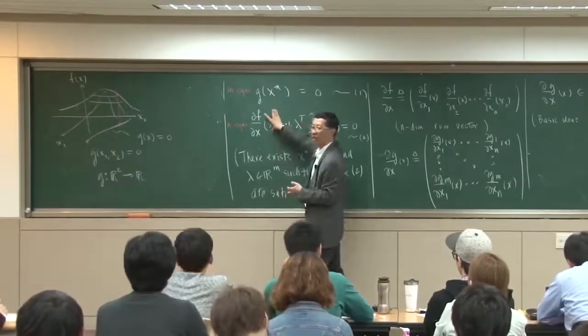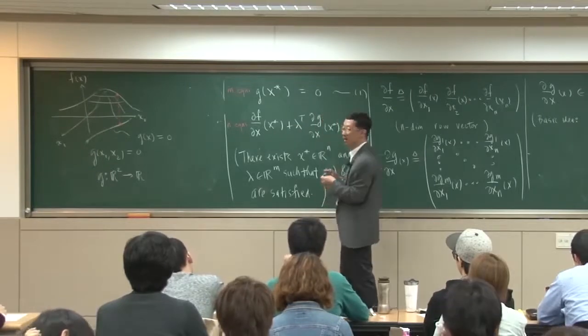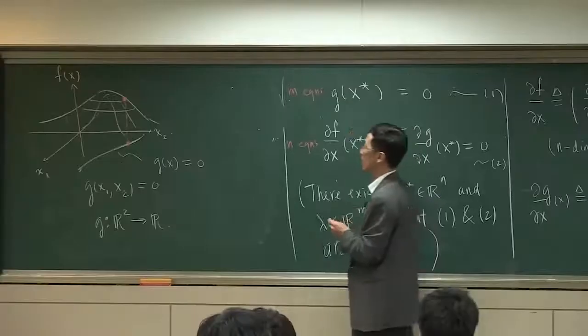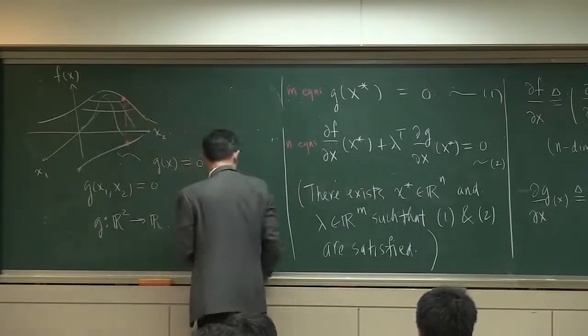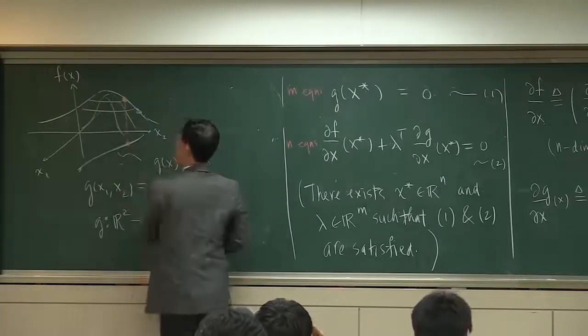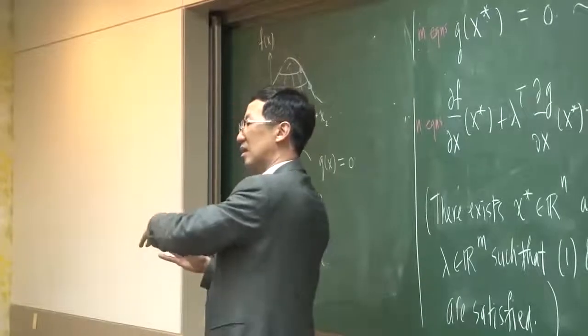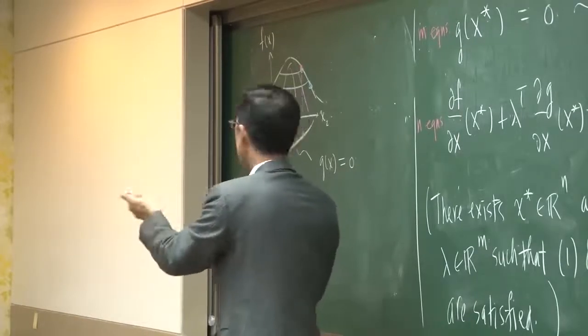The derivative plus this lambda times dg dx is equal to 0. So if I project the derivative here, maybe it points in that direction. That's the direction in which this is declining at the fastest rate.